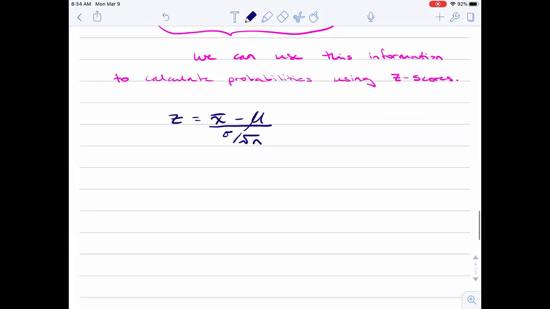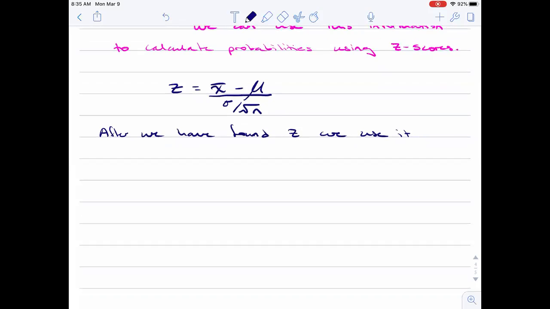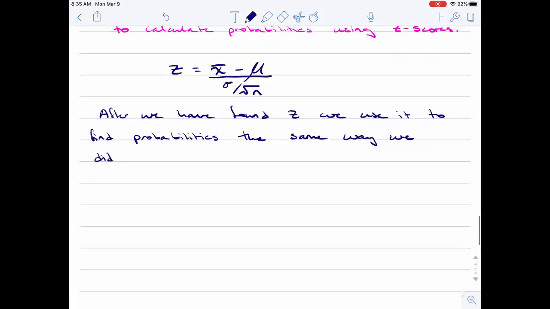So after we have found z, we use it to find probabilities, the same way we did for individual observations.